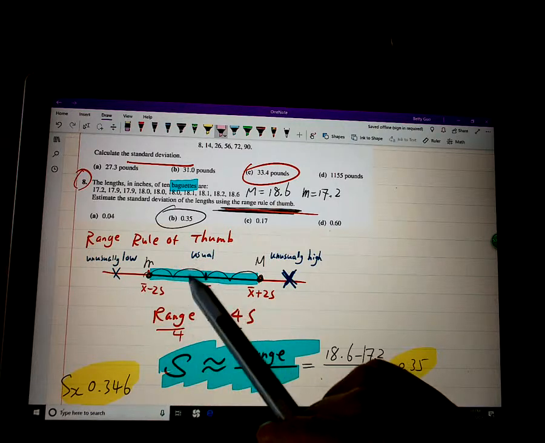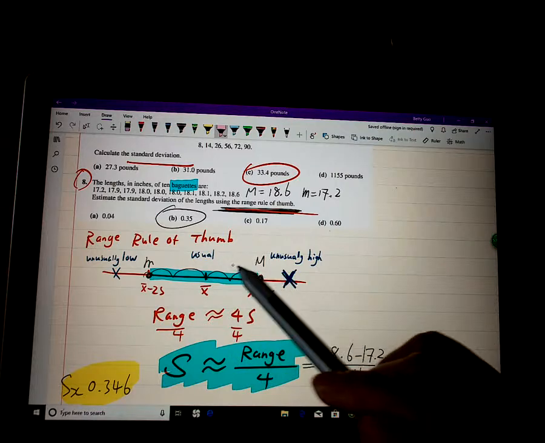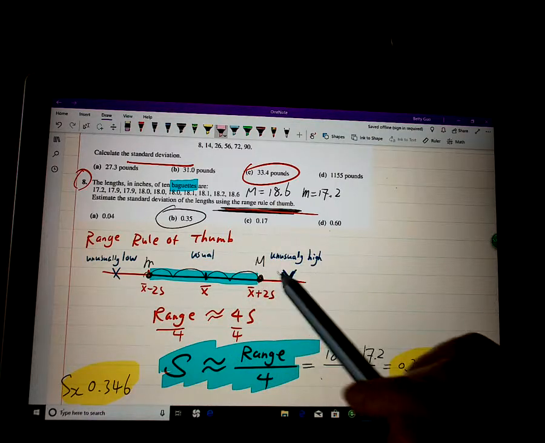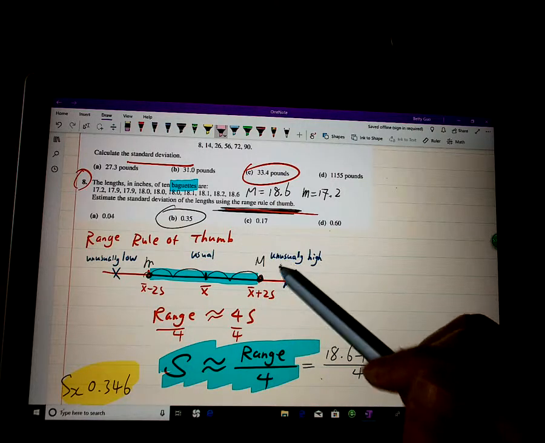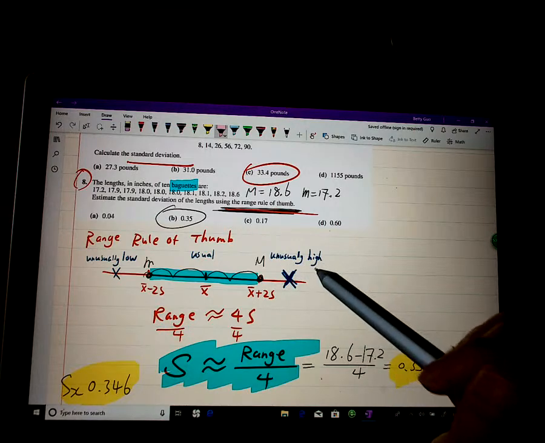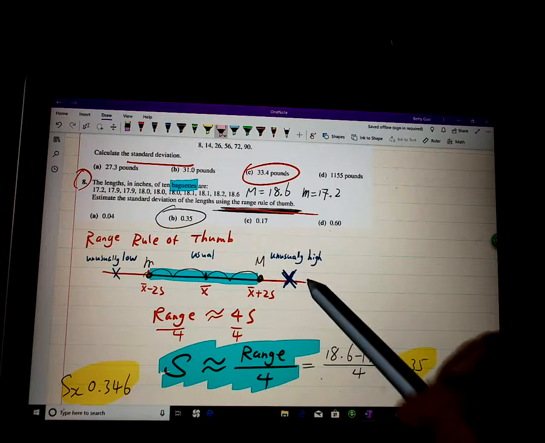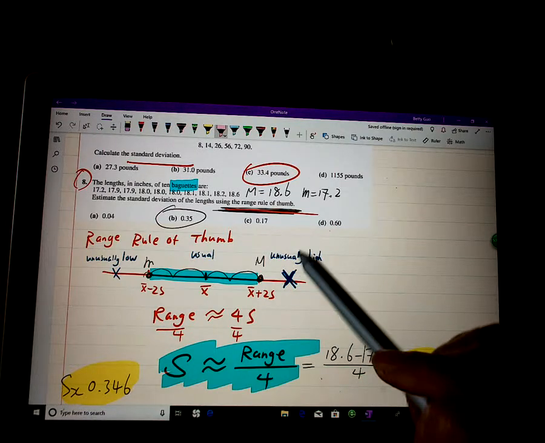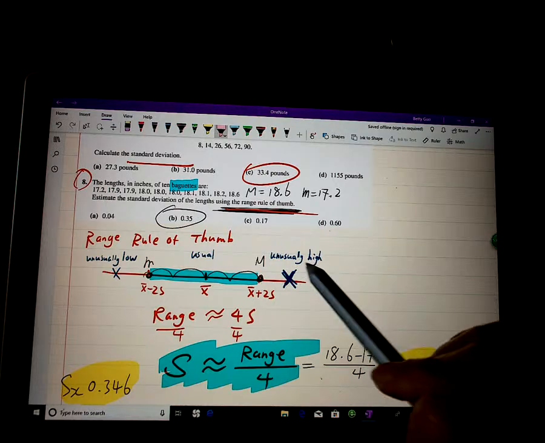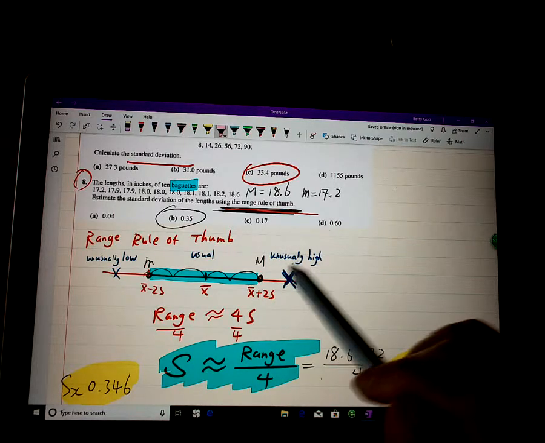Okay, so if you have a value in the sample that falls above x bar plus 2s, we say that value is unusually high, or statistically significantly high.